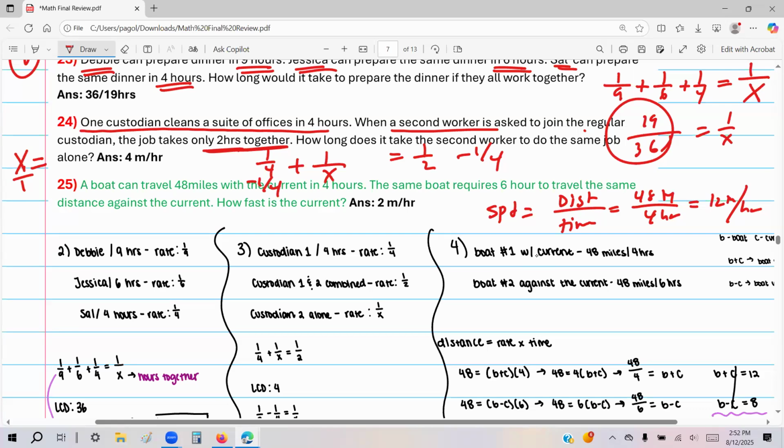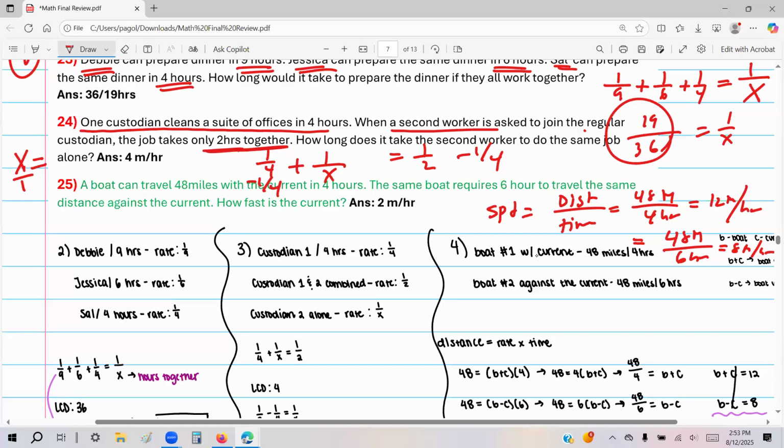So you're subtracting the speed of the current from your speed of the boat. So it's boat minus current. And this time you're traveling the same distance, but in 6 hours. So your speed this time is 48 miles over 6 hours, which is 8 miles per hour.